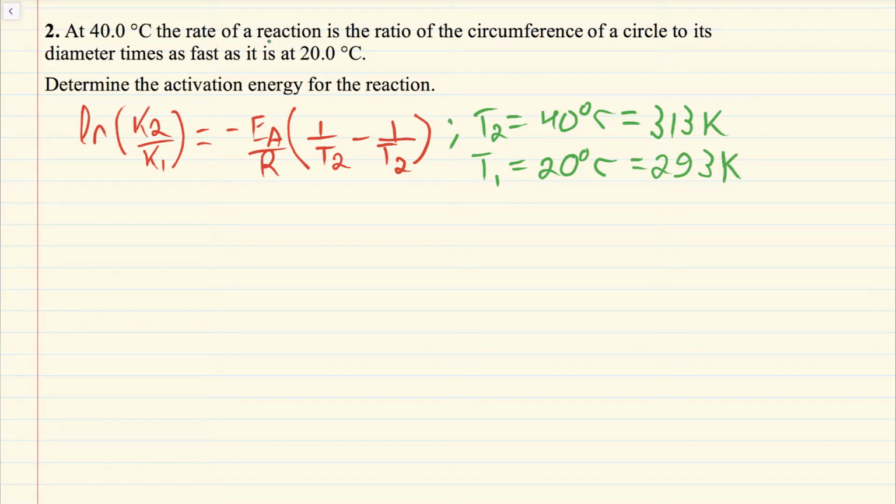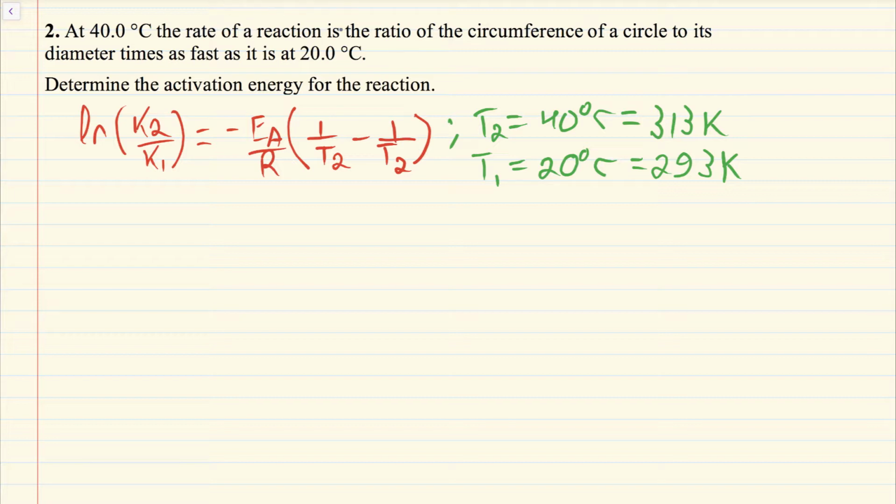We also know that the rate of the reaction is the ratio of the circumference of a circle to its diameter times as fast as it is over this temperature range. So our K2 over K1 is simply going to be equal to pi, right?